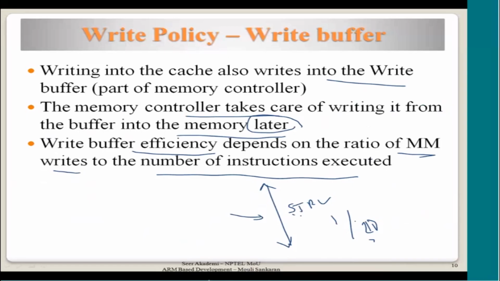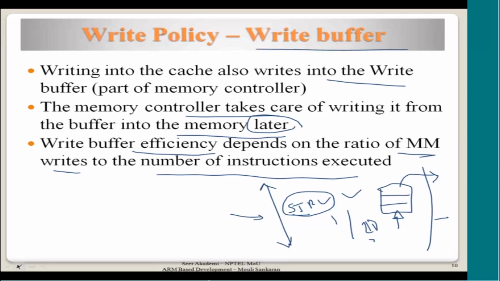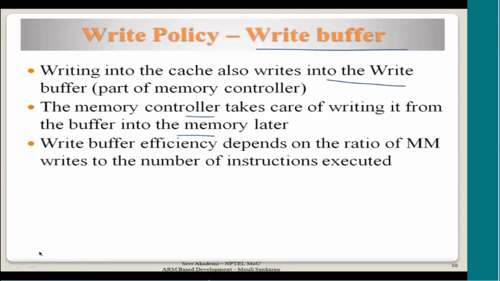That means there are not too many STR instructions in the stream. In that case, you will get a benefit because the processor is not going to write into the write buffer so frequently. Then the write buffer is likely to get a free memory cycle to flush it from the write buffer. So we are gaining from this particular policy. The processor gains. As a system designer, we gain.